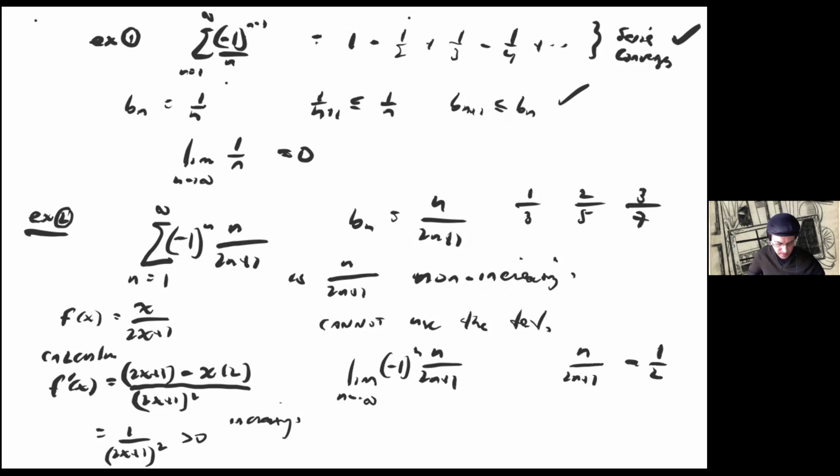So let's look on the number line at 1/2. Now let's look at the signed version, -1 to the n over 2n plus 1. As n gets larger, the points oscillate on both sides of 1/2.